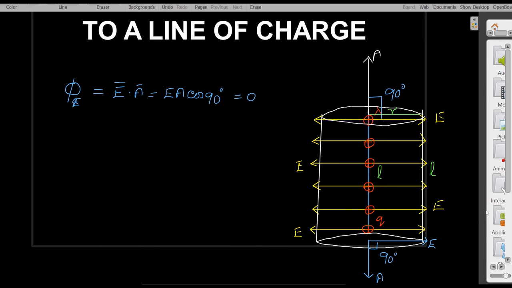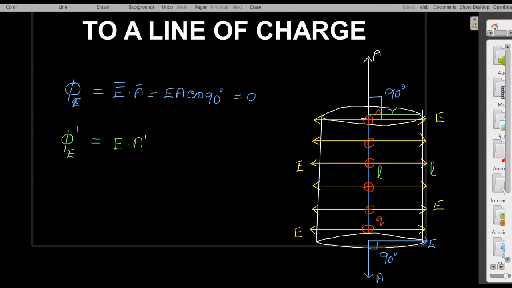In such case, the electric flux phi E dash, I write, due to the electric flux over the closed curved surface. Phi E dash is equal to electric field E dot area vector A dash.